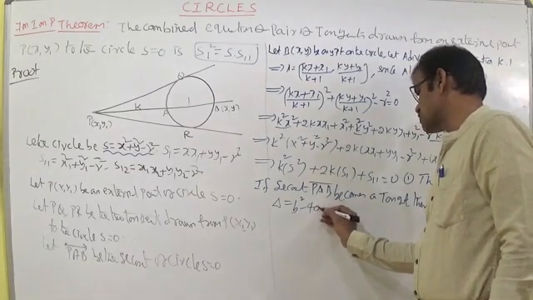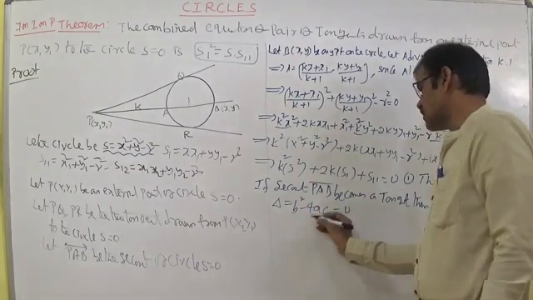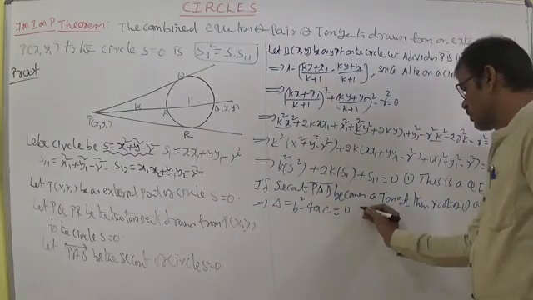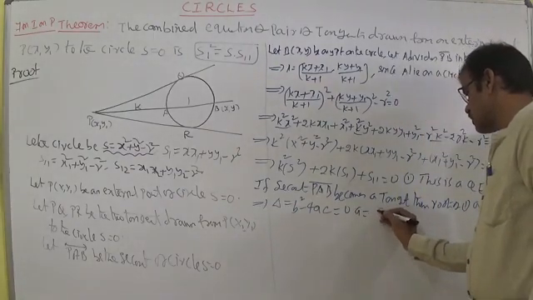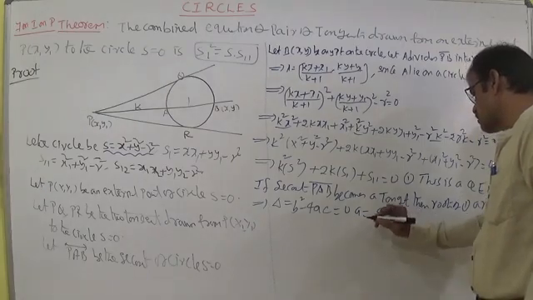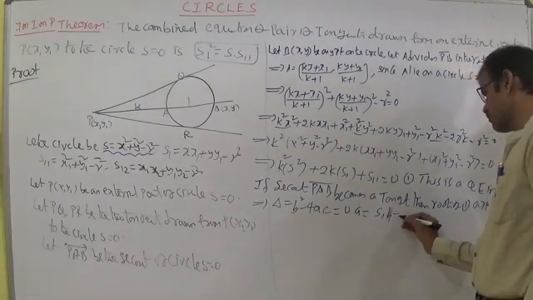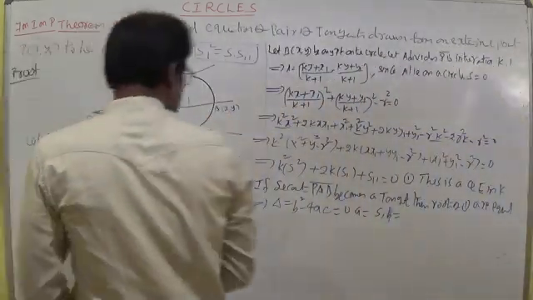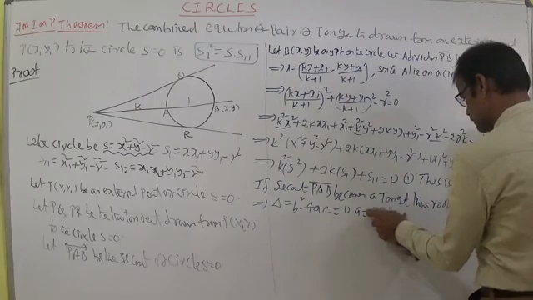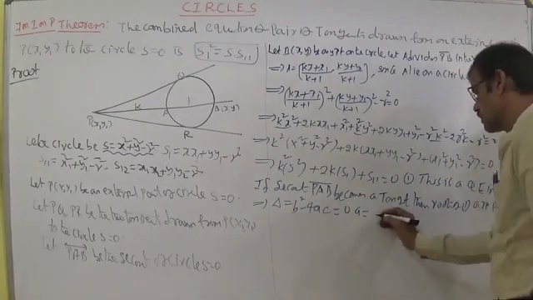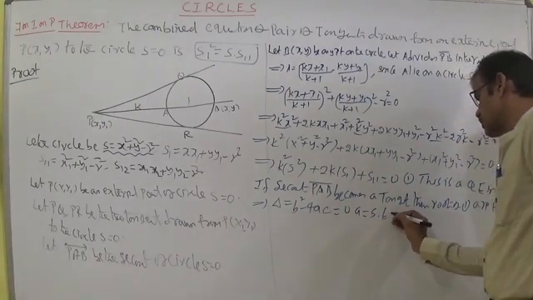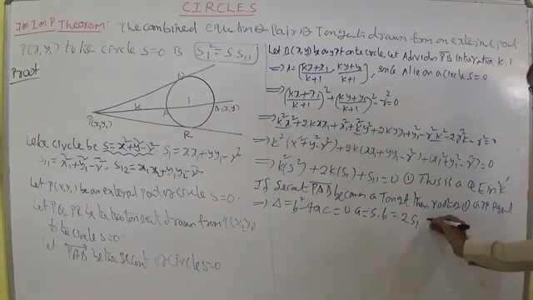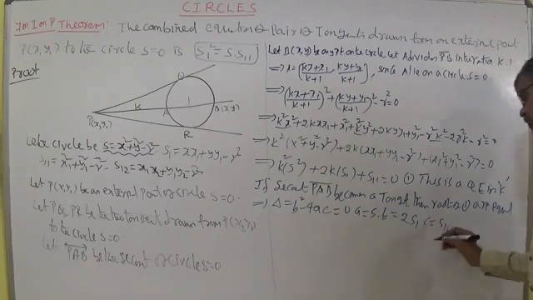Whenever two roots are equal, delta is equal to b square minus 4ac equal to 0. Notation: a is equal to S, b is equal to 2S1, because this is a quadratic equation in k, and c is equal to S11.